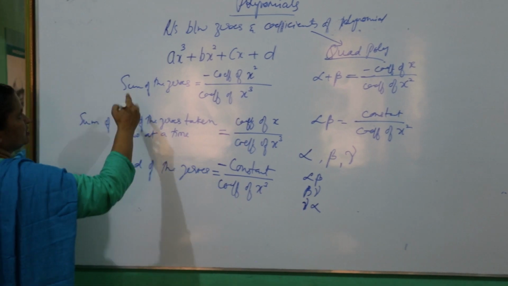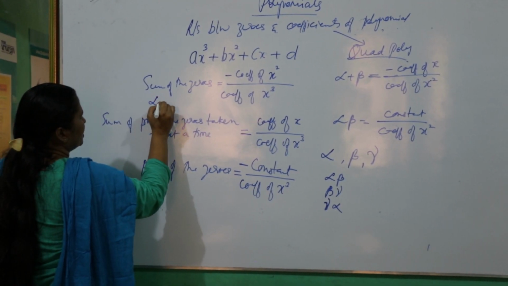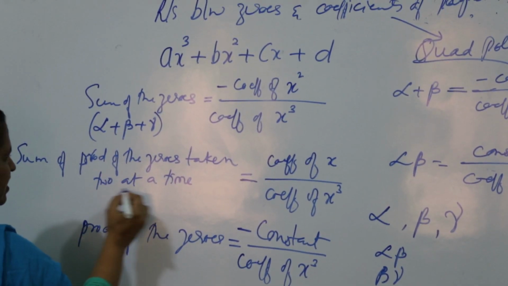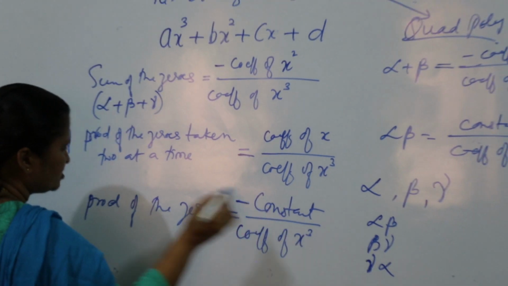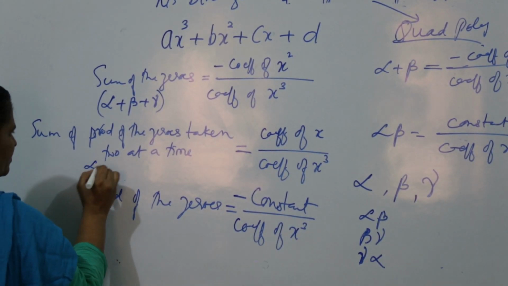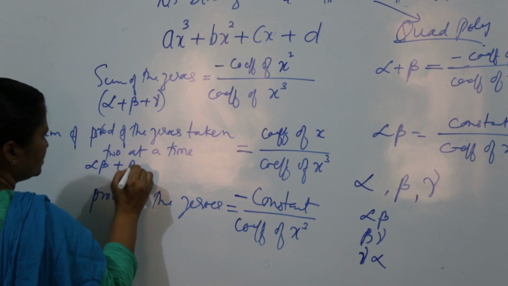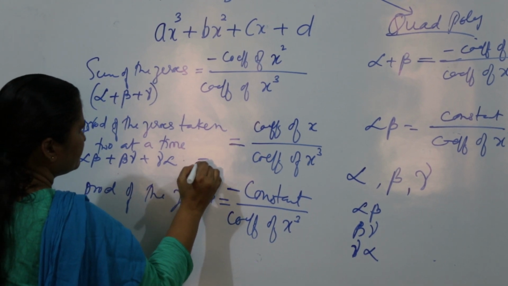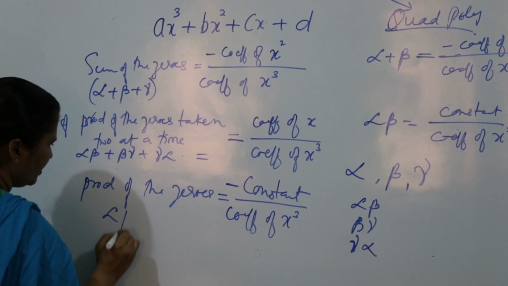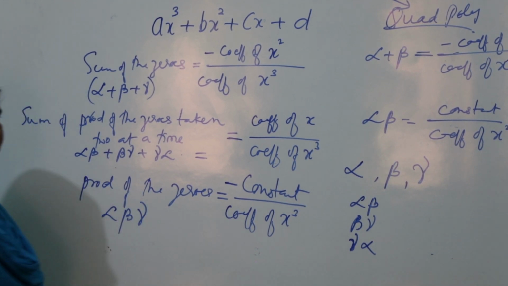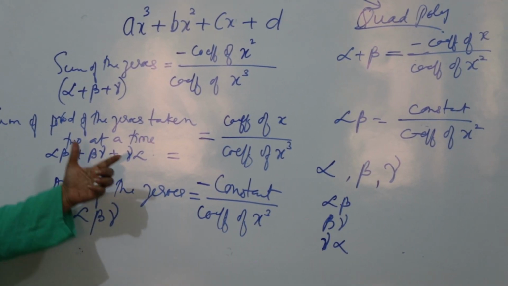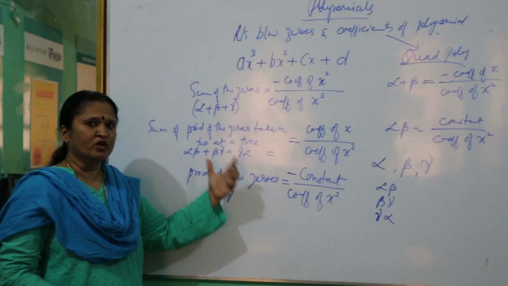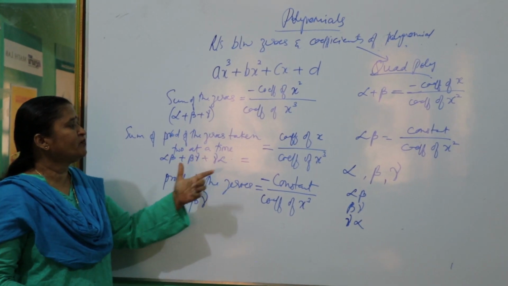So if we put the symbols here, it becomes alpha plus beta plus gamma, the sum of the zeros, and the sum of the products of the zeros taken two at a time means alpha beta plus beta gamma plus gamma alpha, right? And the product means alpha beta gamma. Yes. So this is the relationship between the zeros and the coefficients of a cubic polynomial.